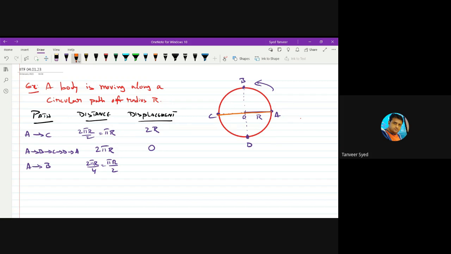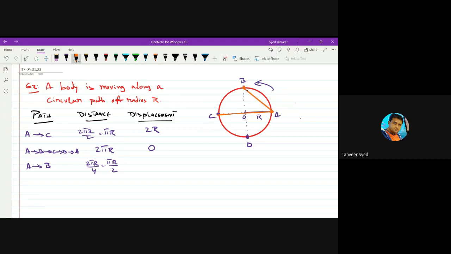That's all. Whereas distance can belong to any path. We should go along with the body wherever it is going. We should follow it to find out distance. But to find displacement is very simple. You look at the starting point, you look at the final point, and you connect them with a straight line. That's all. Root 2r.